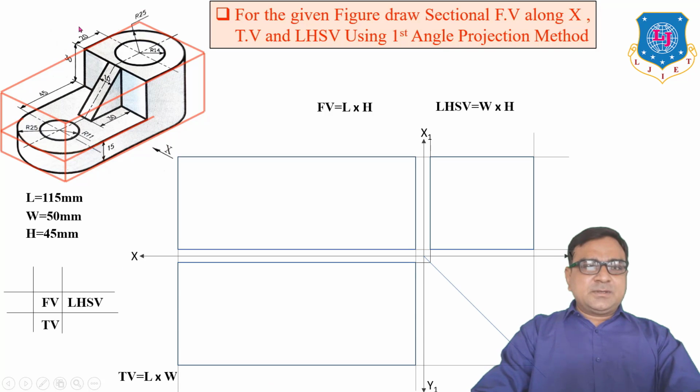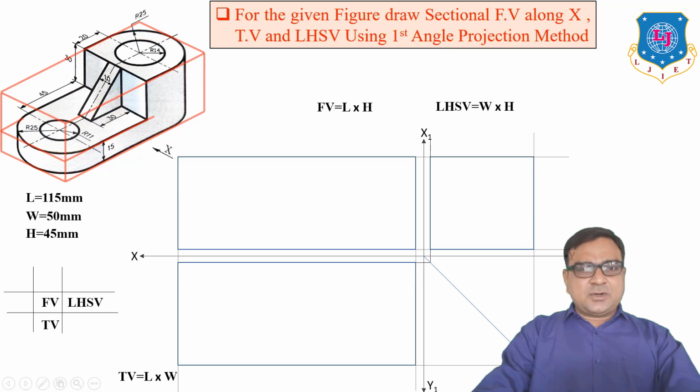Now when we observe the object from top, we see the object is symmetrical about a horizontal line. So whenever we start any view, we have to observe first in which view our object is symmetrical. So here our top view is symmetrical about a horizontal line.